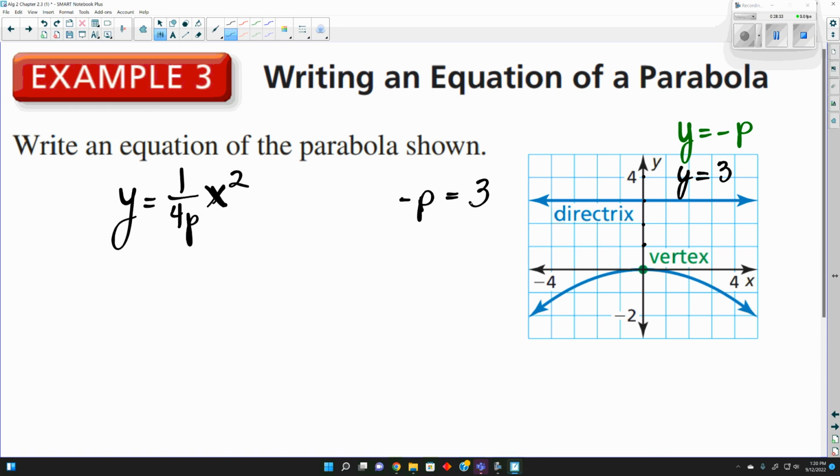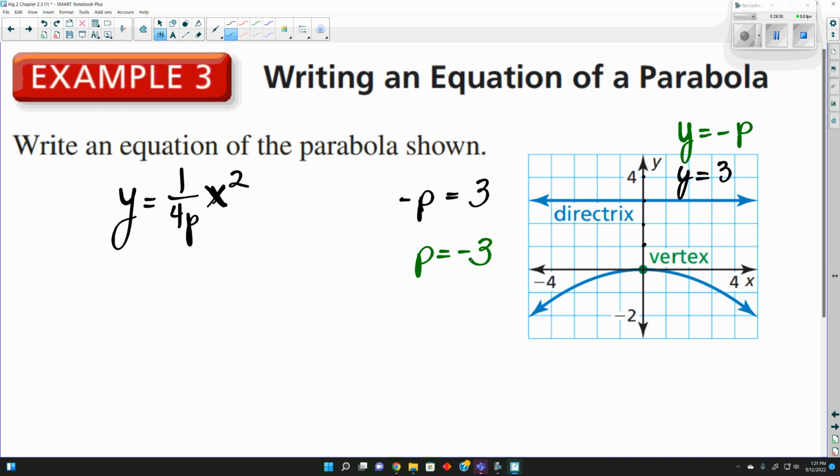So we just need to find the value of p. So p is negative 3, yes? Now, for Algebra 1, that'd be quite the jump, going from negative p equals 3 to p equals negative 3. But at this point, you all understand, if negative p equals positive 3, then positive p equals negative 3. Okay? Any questions on this here?